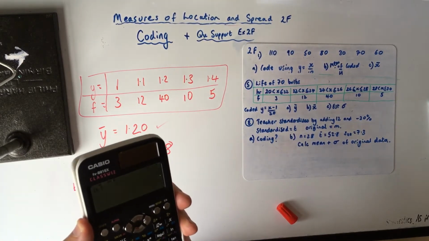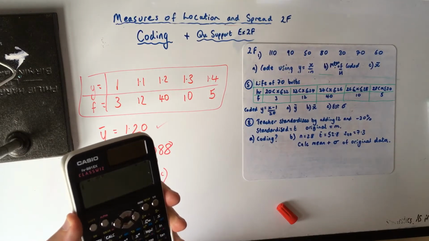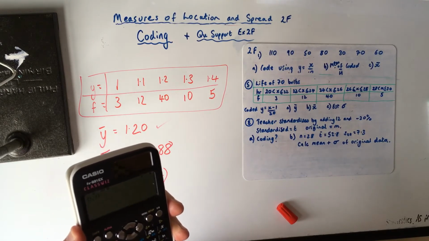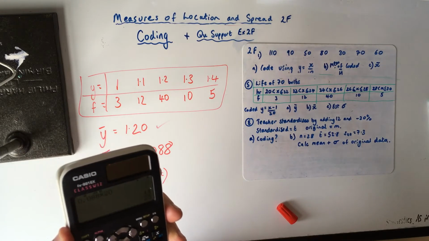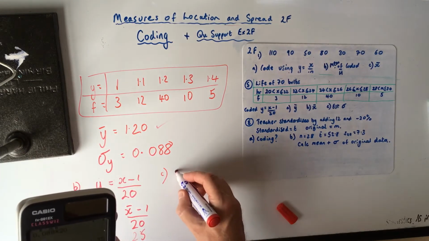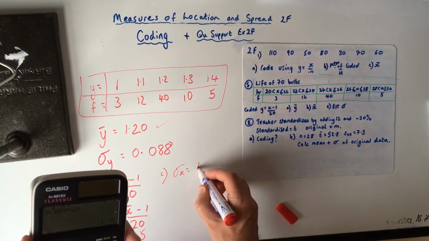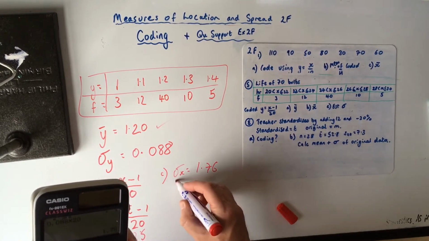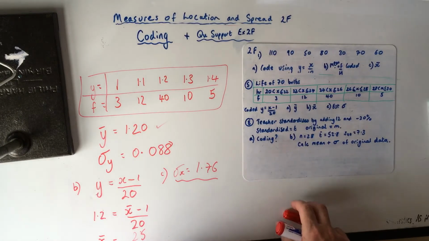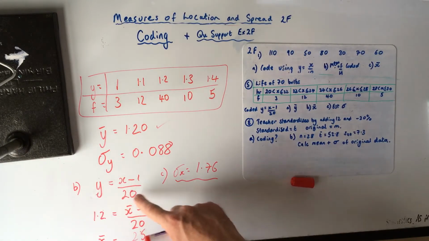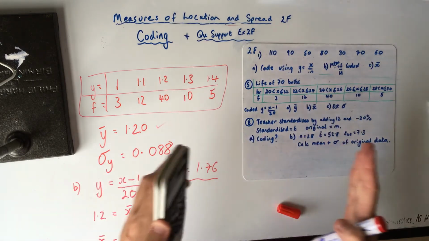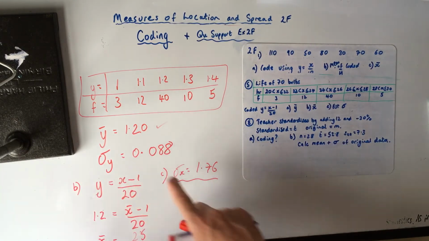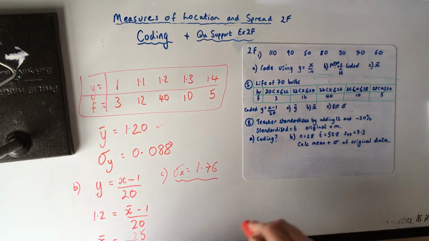So 0.088 times by 20, we'll change it back to the standard deviation, so would be 1.76, and that is the right answer. So only this division affects the standard deviation. Moving it up and down keeps the spread the same. This adjustment, all right.